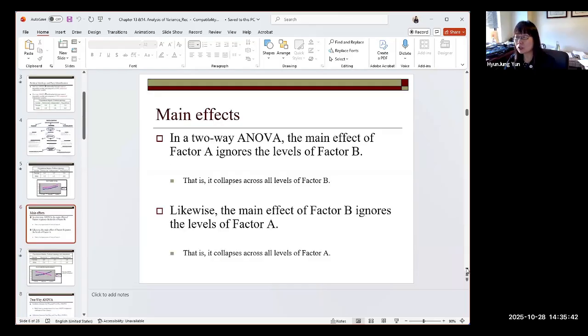But in your research, let's think about the hypothesis. In two-way ANOVA tests, we want to know whether gender matters and whether party affiliation matters. Each separate independent variable, whether it matters for their political ideology, we call that a main effect. So each independent variable has statistical differences in the main effect, whether mean differences, proportion differences, or whatever you're comparing.